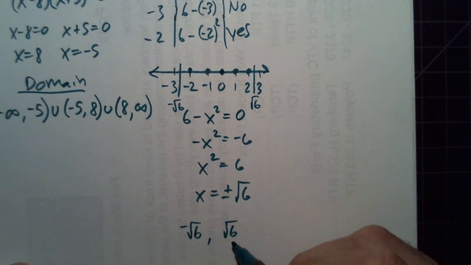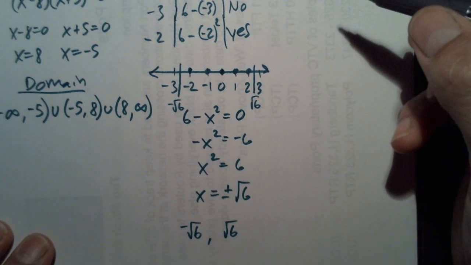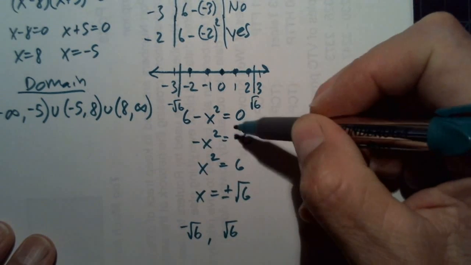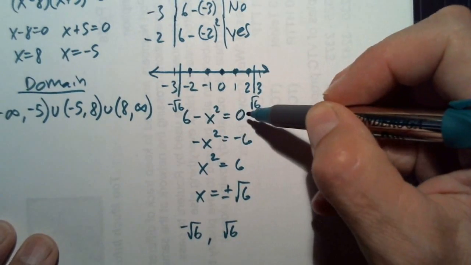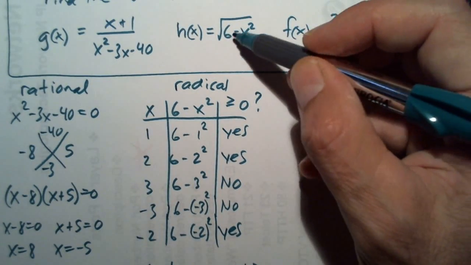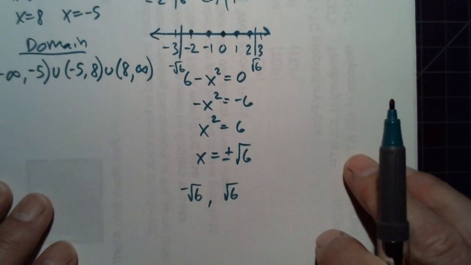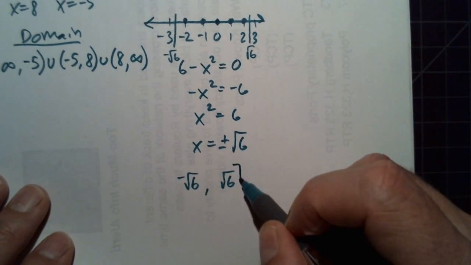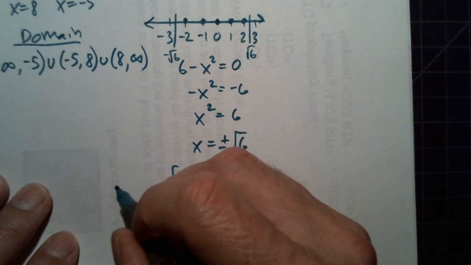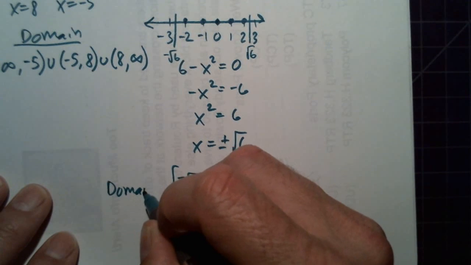So that means, do we use parentheses or a bracket? Well, we know that radical 6 makes the radicand equal to 0. Is it okay to have a 0 as the radicand? And it is okay. That means we can include negative radical 6 and radical 6, and that's the domain.